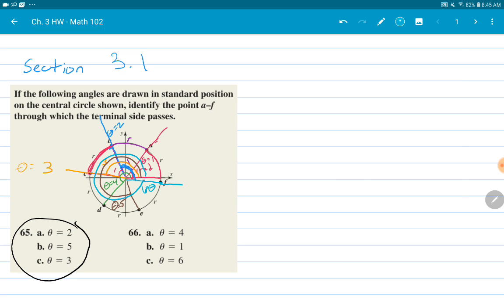Okay, so looking at 65 specifically now, for part A, the following angles are drawn in standard position on the central circle shown. Identify the points A through F through which the terminal side passes. So when is the angle equal to 2? That is the dark blue angle, which lands on B. That terminal side is on B. I drew all over the circle, so it's harder to see now.